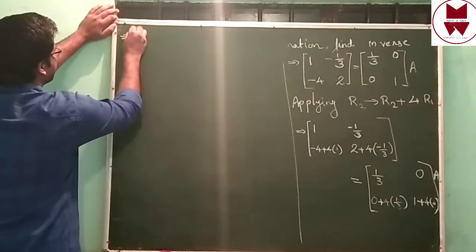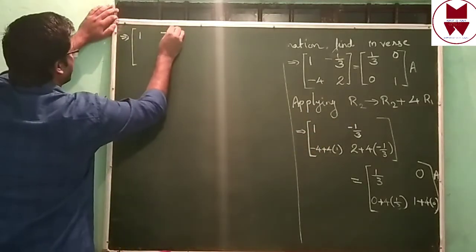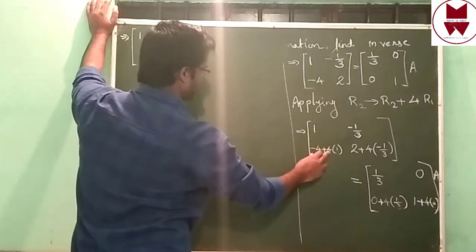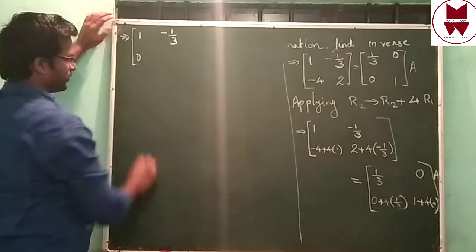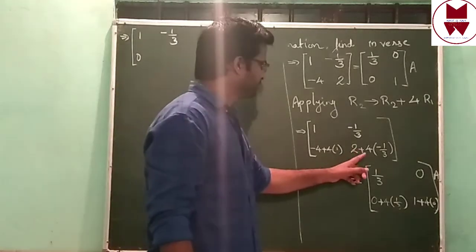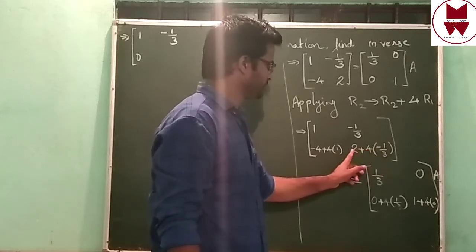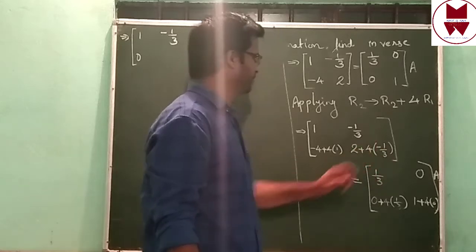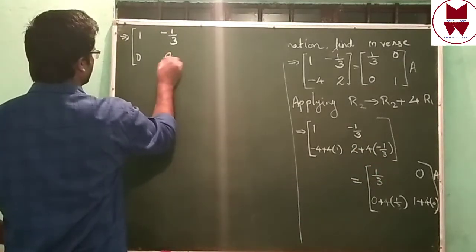Left matrix: 1, minus 1 by 3. Then minus 4 plus 4, 4 into 1 is 4, isn't it? Minus 4 plus 4 will be 0. Here 4 into minus 1 by 3 is minus 4 by 3. Then take the LCM: 2 into 3 is 6, minus 4 is 2.